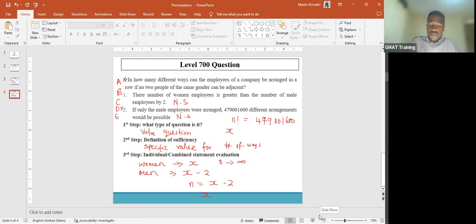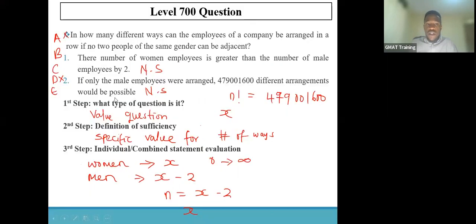So we can term this statement as insufficient and eliminate choice B, and we are left with C and E, which we only consider when we have to combine the two statements.